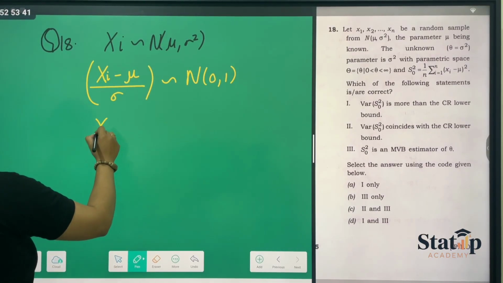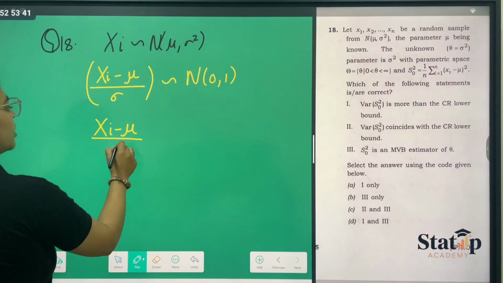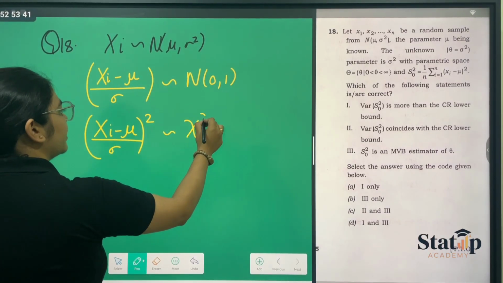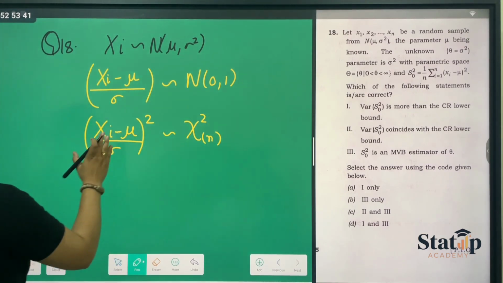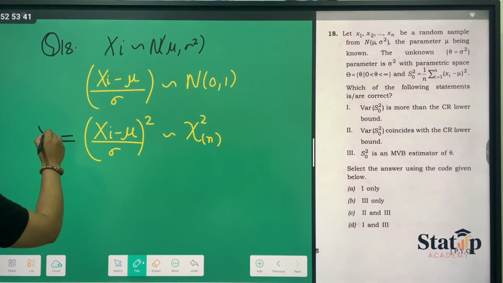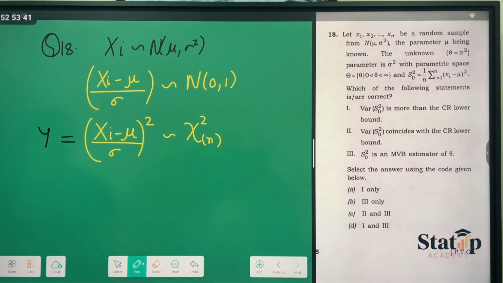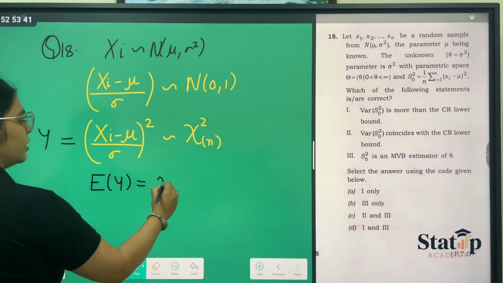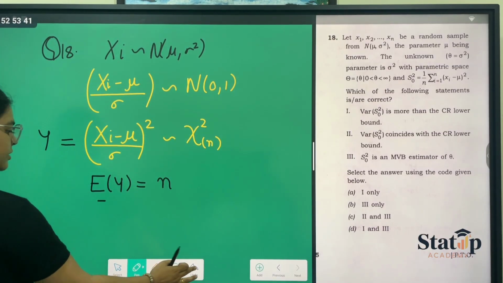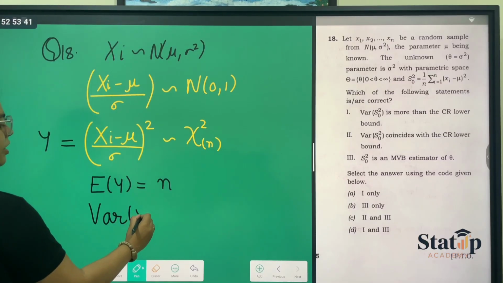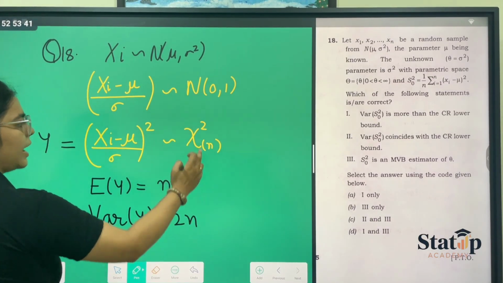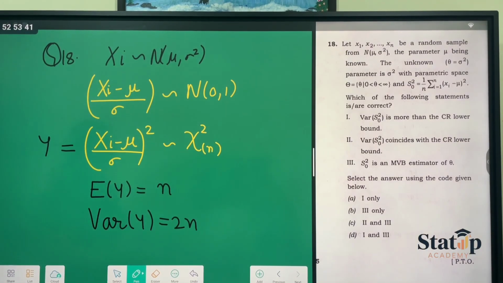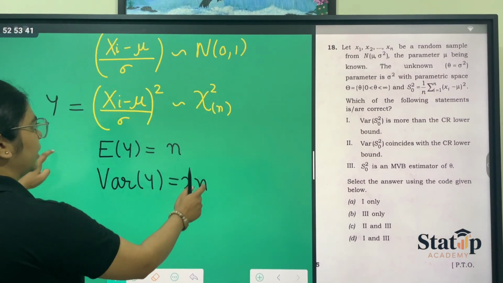If I square this term, (xi minus mu) upon sigma whole square, it will follow a chi-square n distribution. Let us take this as equal to y. So the expected value of y will be equal to n, and the variance of y will be equal to 2n, because it follows a chi-square distribution with n degrees of freedom. We have found this out.